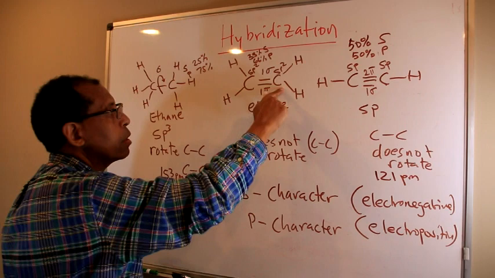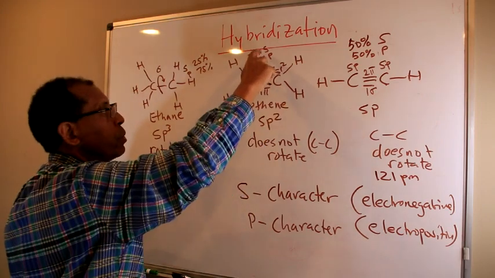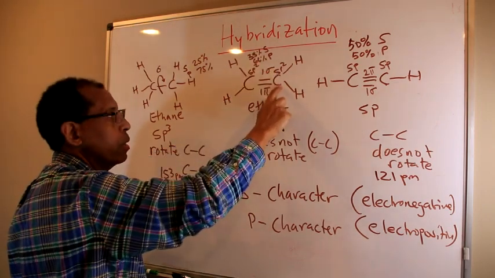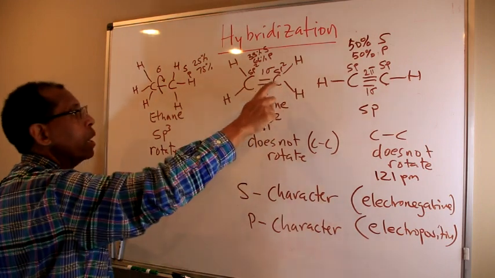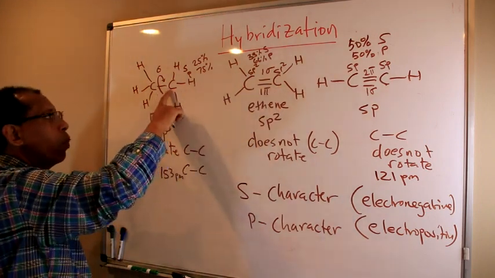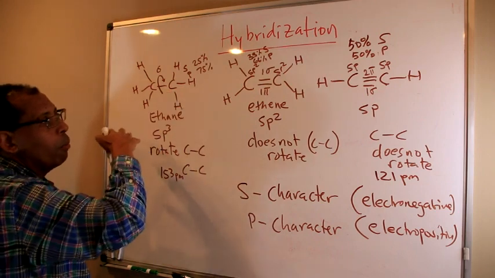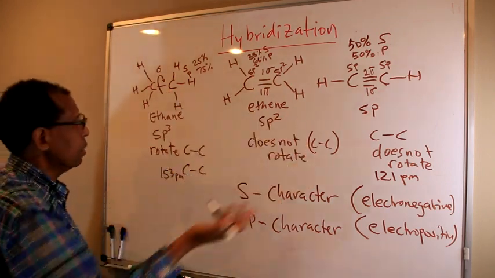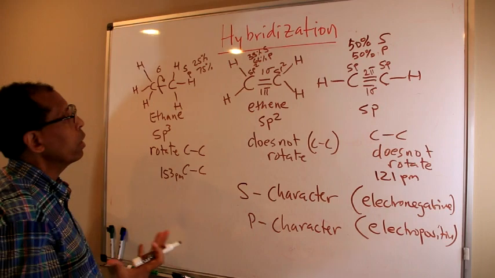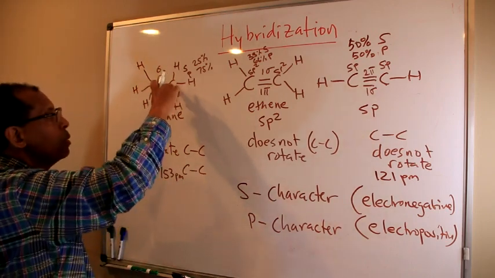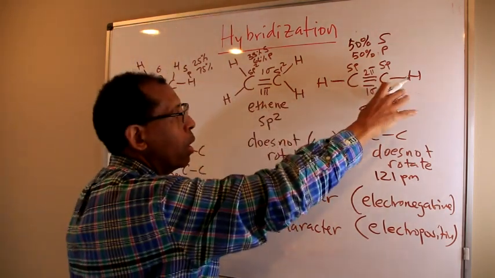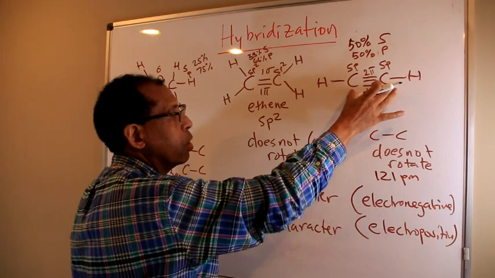And this carbon with 33% S character is more electronegative than the carbon on an alkane. So overall, the most electronegative atom in this would be the one on sp hybridization.